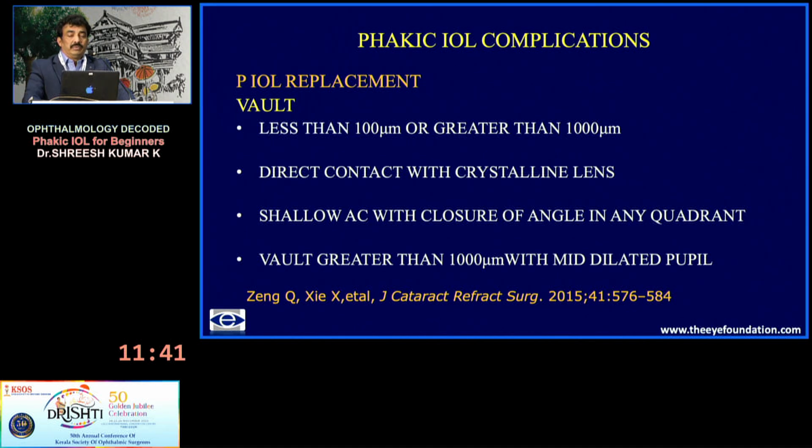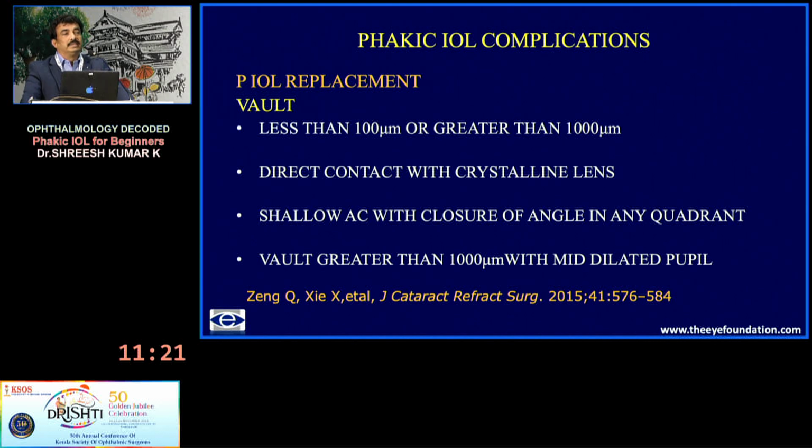And phakic IOL replacement. This particular study, which was published in JCRS 2015, suggested that if the vault is less than 100 microns or greater than 1000 microns, the phakic IOL has to be replaced.